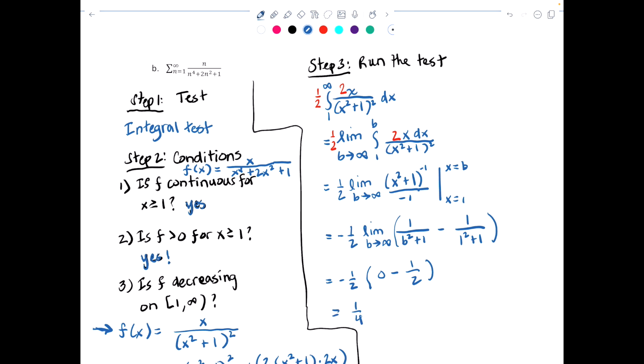And then that will be positive 1/4, which means that the integral from 1 to infinity, I'll write it in the original form, x over x to the 4th plus 2x squared plus 1 dx, converges. So that integral was easier, right?